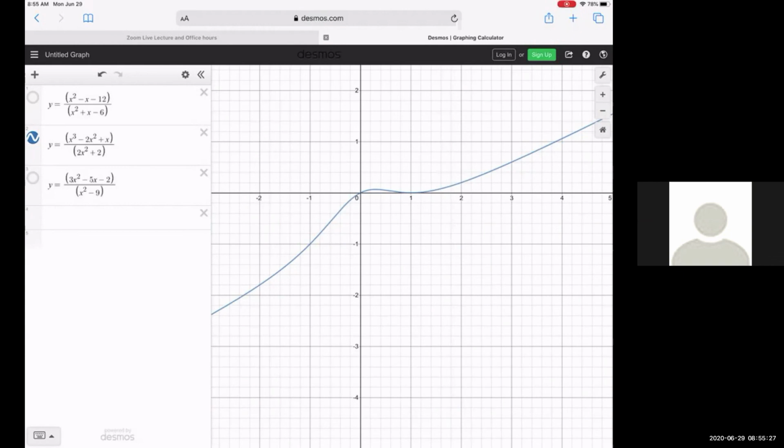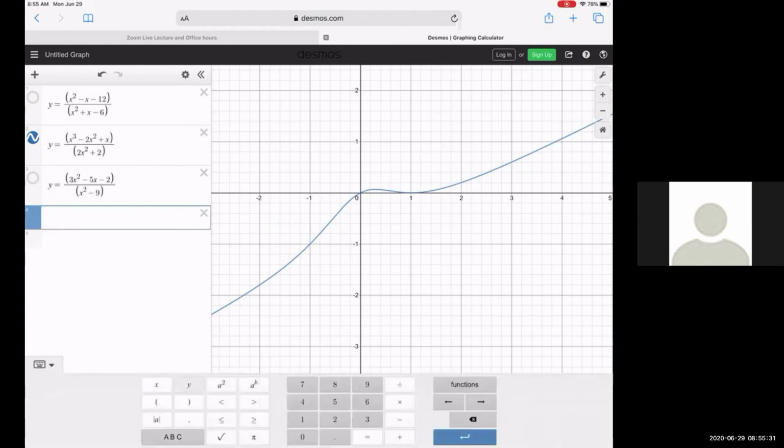And if I actually put the asymptote in here, let's see, y equals 0.5x. Oops, no. Back up. 0.5x plus 1. Oops, minus 1. Minus 1.